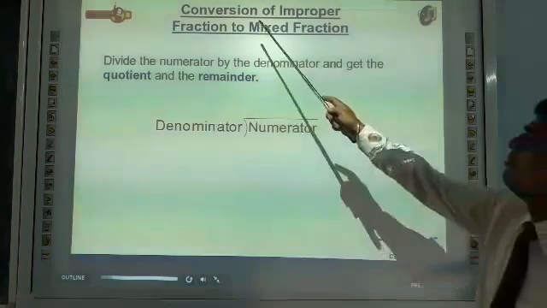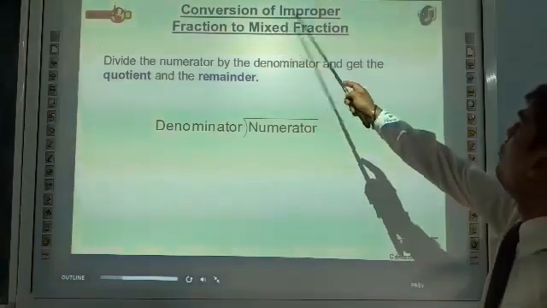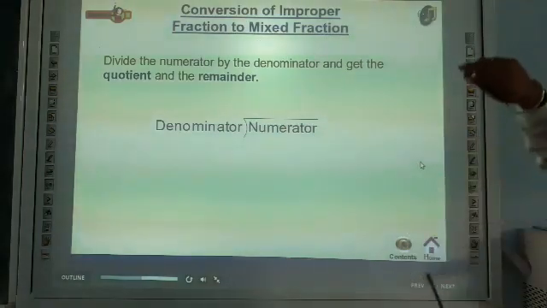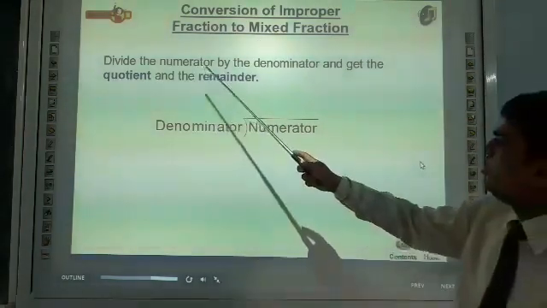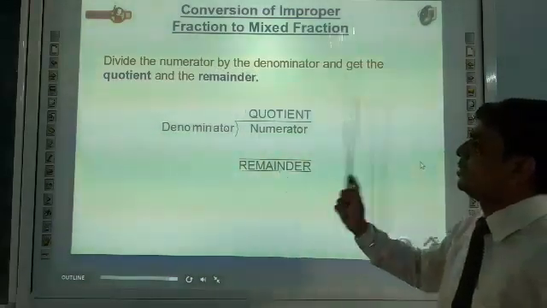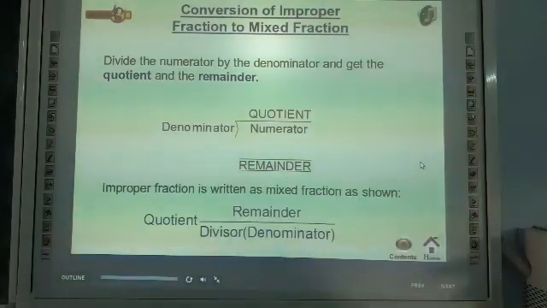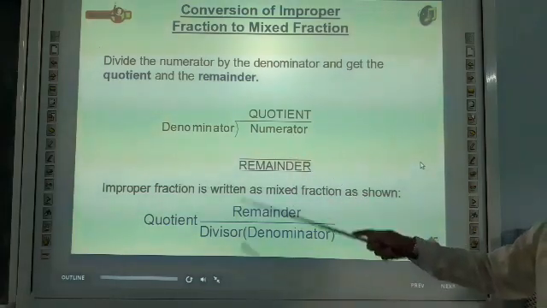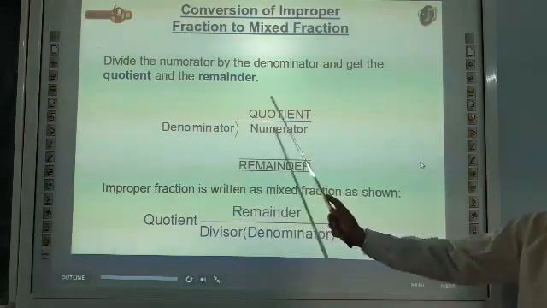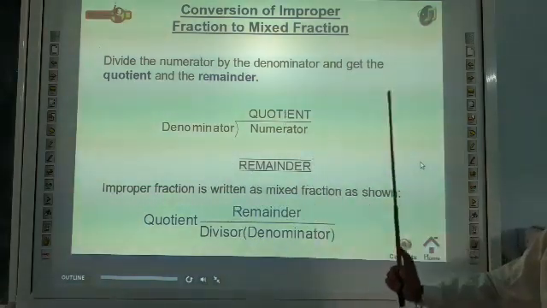Next topic, conversion of improper fraction to mixed fraction. Divide your numerator by the denominator and get the quotient and the remainder. Look at this: denominator, quotient, numerator, remainder.